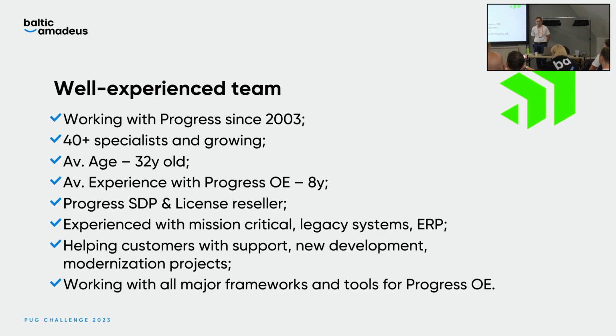We have over 40 specialists and are still growing. We are pretty young and at the same time experienced as well. You can really recognize us by these white t-shirts. If you want some of them, we have them by our stand.